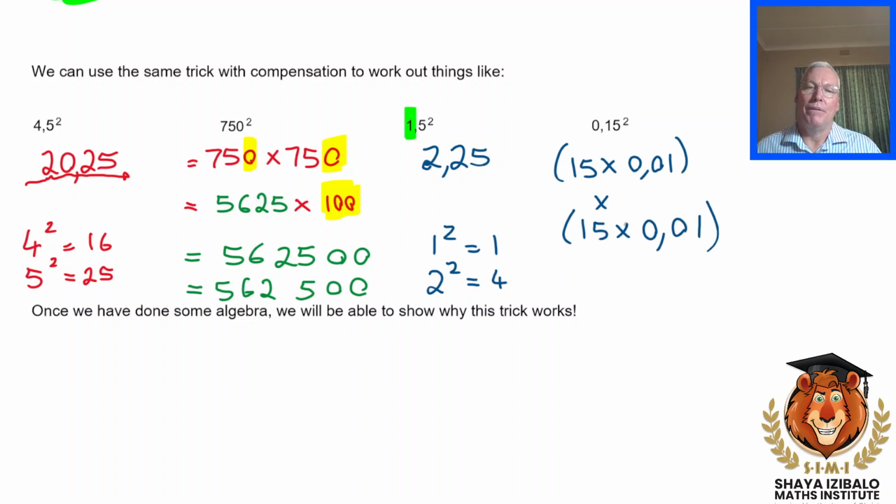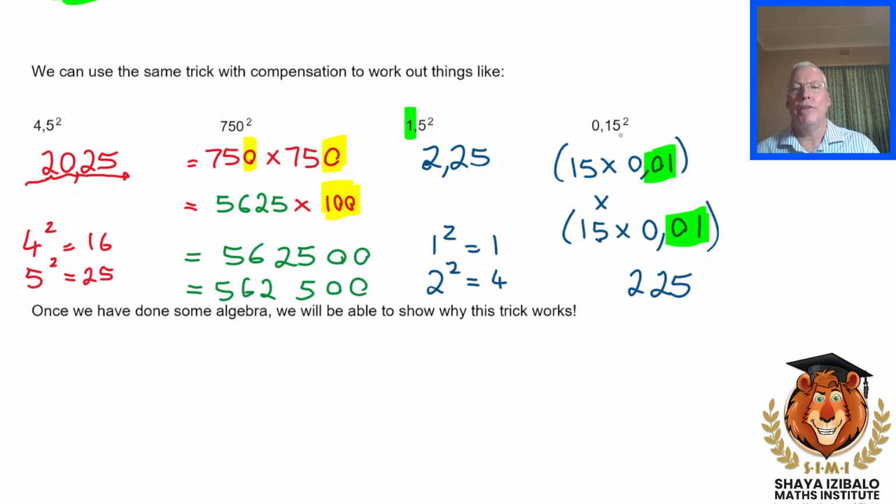Right. Now the 15 times the 15 is easy. We know how to do 15 times 15. It ends in 25. We take the 1 and we multiply by the number 1 bigger, which is 2. Right. But that answer now needs to be divided by 10 twice over here and twice over here.